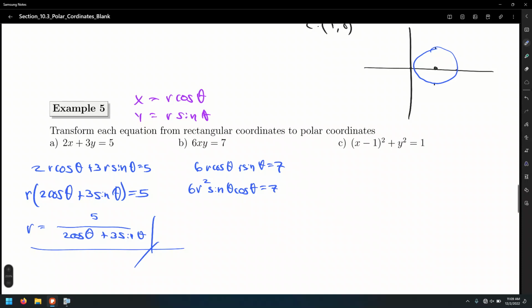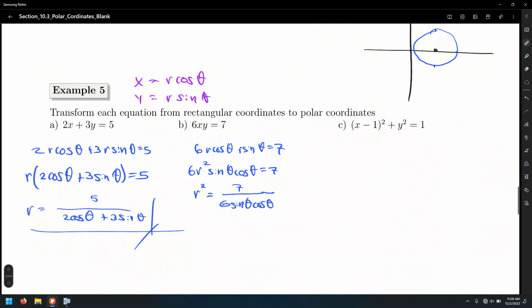equals 7. But in this case, we won't be able to get r by itself. Let's get r squared equals 7 over sine theta cosine theta. Can we combine this into sine 2 theta? That could be a good way to simplify, yes.